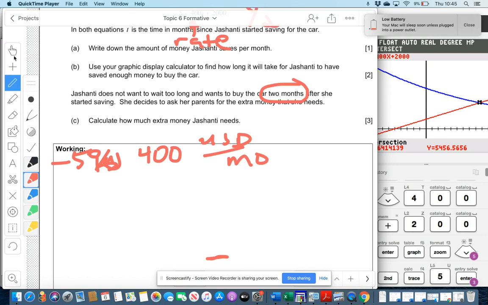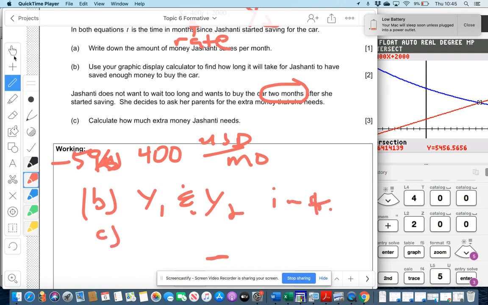B was just an intersection of Y1 and Y2, as I showed you. And then C, I need to evaluate each function. So I'm going to just use the functions that I entered and look at Y1 and Y2 of 2.